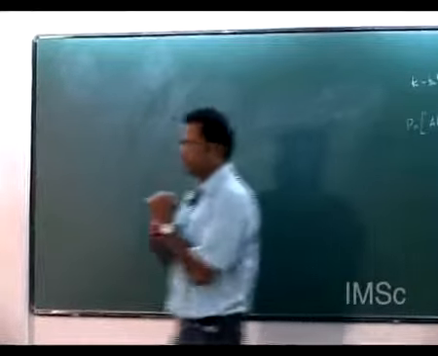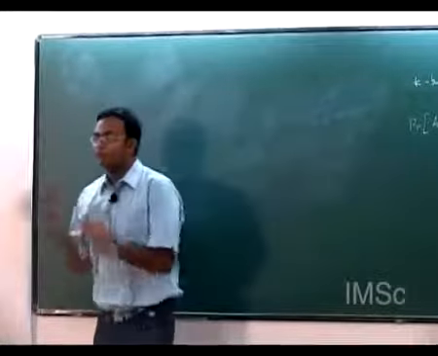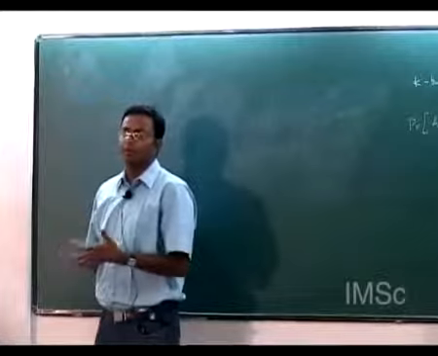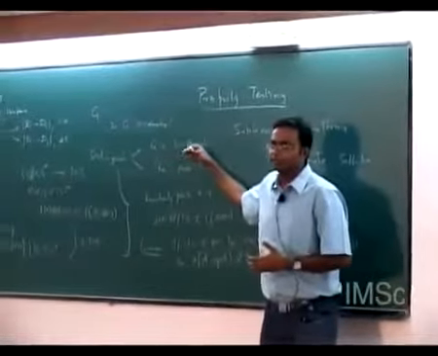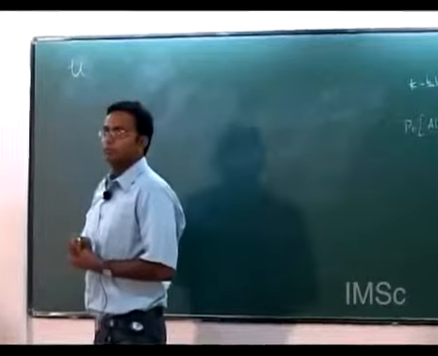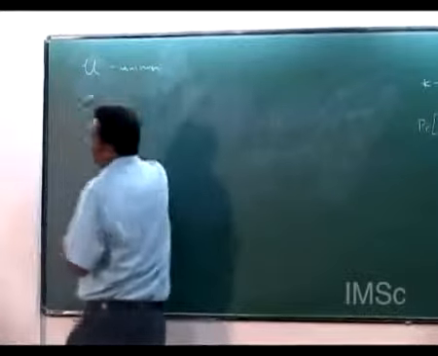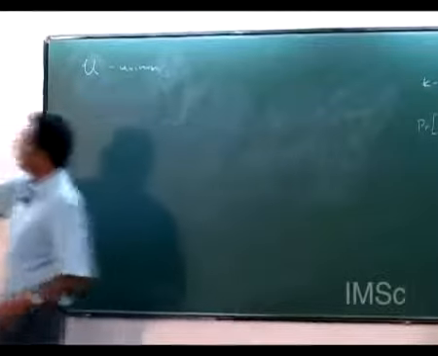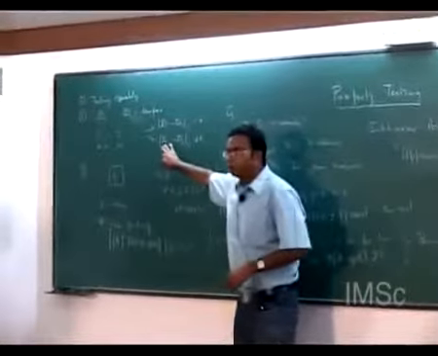Why is it called property? You can understand why: we are testing whether some input has something. The other way of defining it is that I have a universe U. This universe can be anything: in this case, it can be all graphs; in this case, all functions; in this case, all distributions.